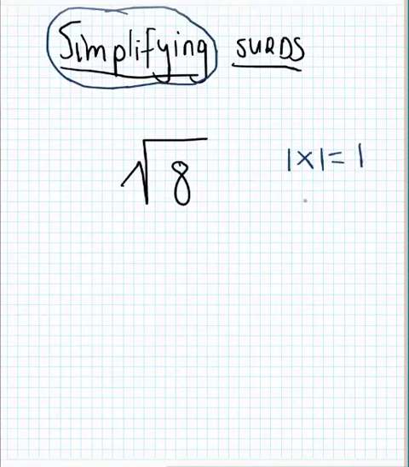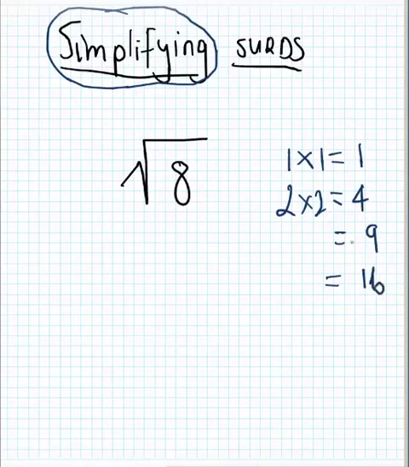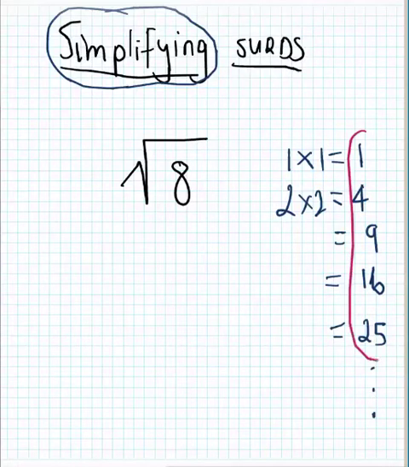We don't really use this one, but if we keep going, 2 times 2 is 4, 3 times 3 is 9, 4 times 4 is 16, and so on. So 25, and keep going because you need to use these perfect squares. These numbers here are very important. And if you don't know some of these, then you can't simplify surds.